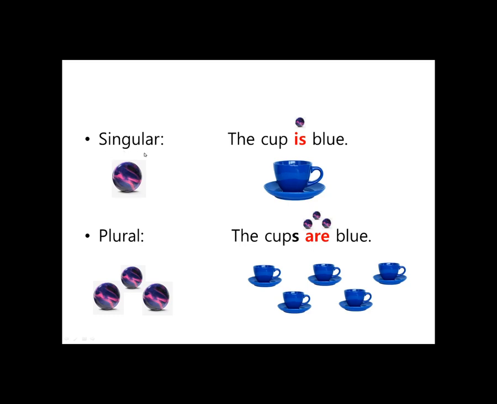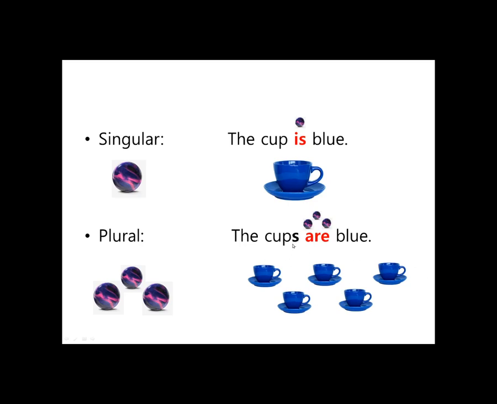Okay, so singular, one thing. So here we have one cup. The cup is blue. So we have one thing. We use the be verb is. And plural, plural noun. So we have 1, 2, 3, 4, 5. We have 5 cups.